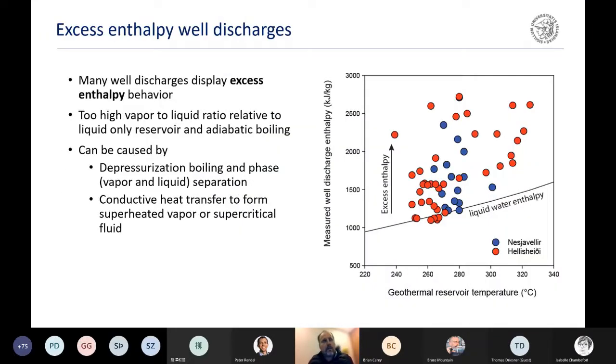And this all links to a phenomenon that many of us call excess enthalpy well discharge behavior, which is a very technical term.